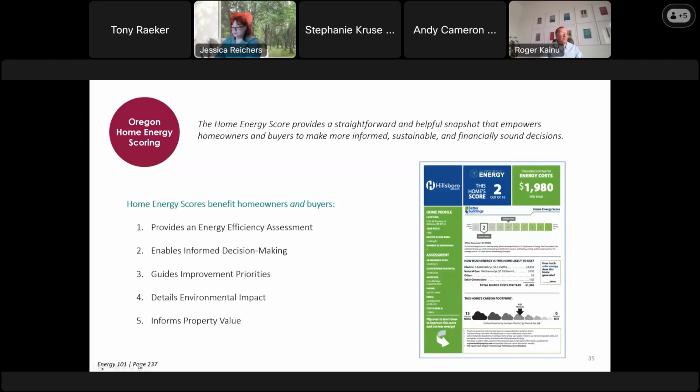In some cases, energy-efficient homes can have a higher market value. By improving the home energy score, homeowners may increase their property's appeal and value if they plan to sell in the future. Informing consumers about energy costs and upgrade decisions can assist in buying decisions, whether they are upgrading their existing home or purchasing a new home.